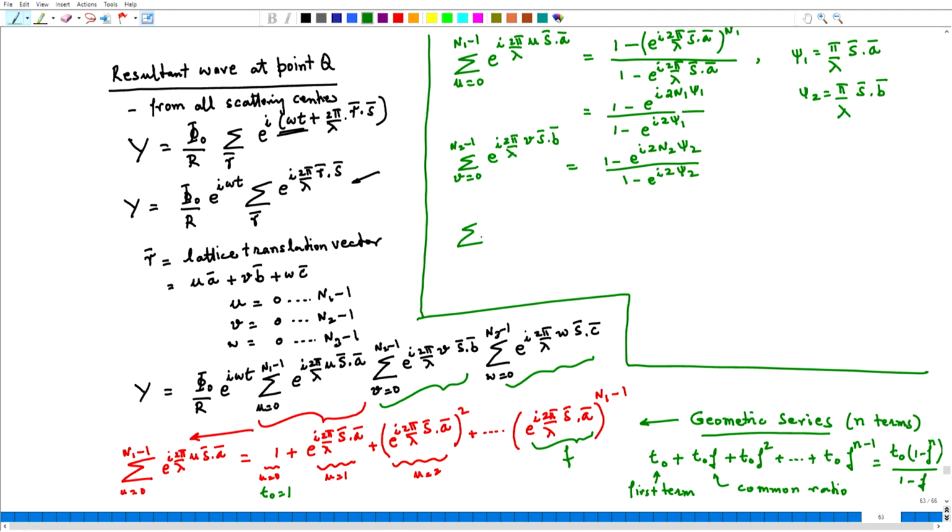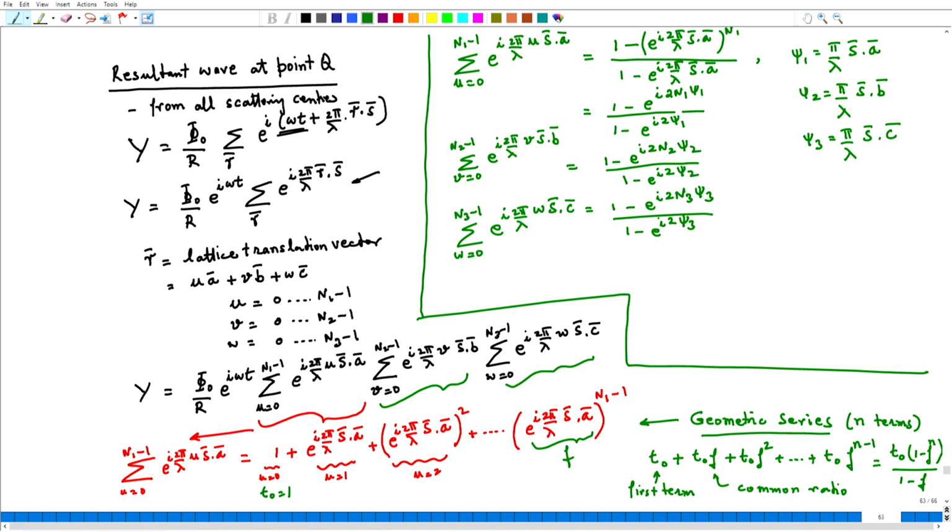Similarly, the last summation over w can also be expressed in a similar way, where let me define psi 3 as pi upon lambda s dot c, and this could be written as 1 minus e to power i 2 n3 psi 3 upon 1 minus e to power i 2 psi 3.